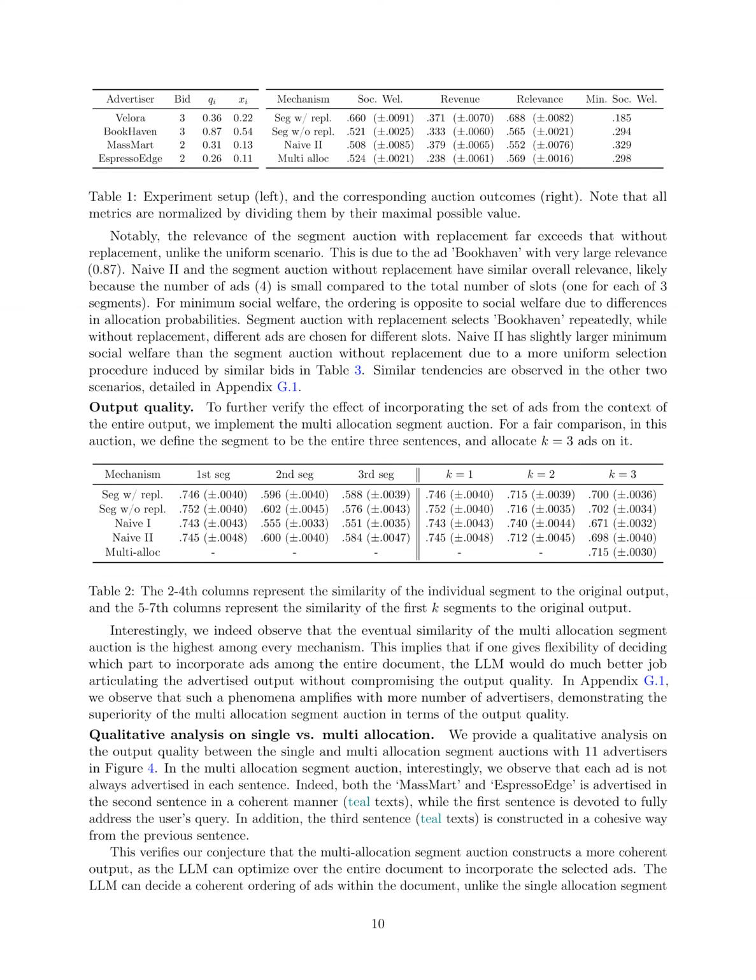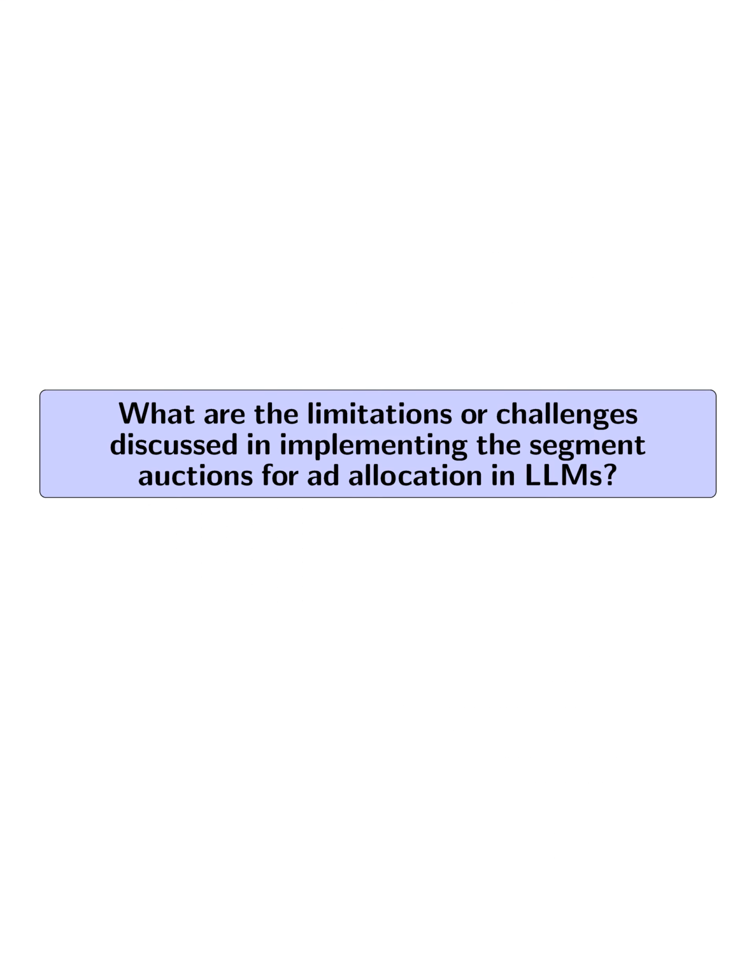The qualitative analysis showed that the multi-allocation segment auction produced a more coherent output by optimizing over the entire document to incorporate selected ads, unlike the single allocation segment auction which forced each ad into each segment, resulting in less cohesive output. What are the limitations or challenges discussed in implementing the segment auctions for ad allocation in LLMs?